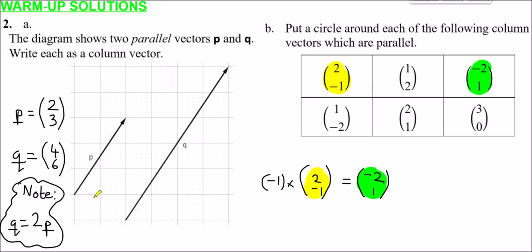This goes back to what I've just said: if one vector is a scalar multiple of another, those 2 vectors are parallel. Because (minus 2, 1) is minus 1 multiplied by (2, minus 1), these 2 must be parallel. So the 2 we put a ring around are this one here and (minus 2, 1) in the top right corner, because this one is a multiple of that one. To go from one to the other, we just multiply by the scalar value minus 1.